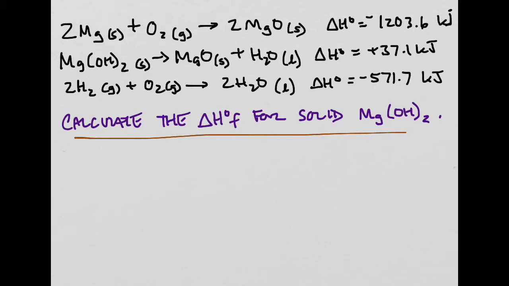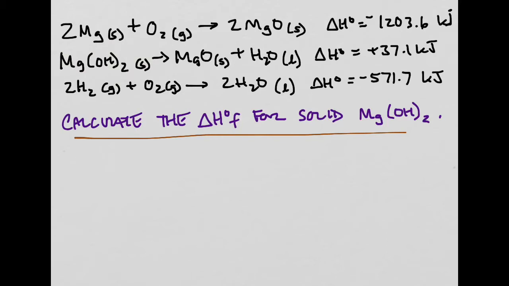Well, the first thing I want to point out is that we have Mg(OH)2 in a reaction here. This reaction is showing the decomposition of Mg(OH)2, but it is a reaction nonetheless that has Mg(OH)2 in it, and that's our goal. We want to find how to calculate the standard enthalpy of formation for solid Mg(OH)2.